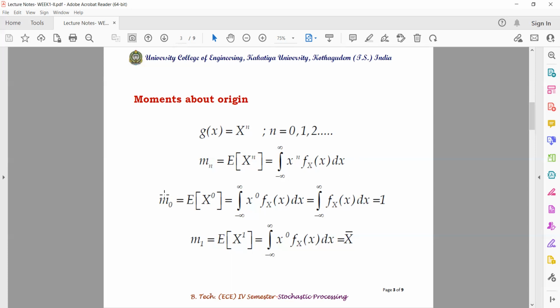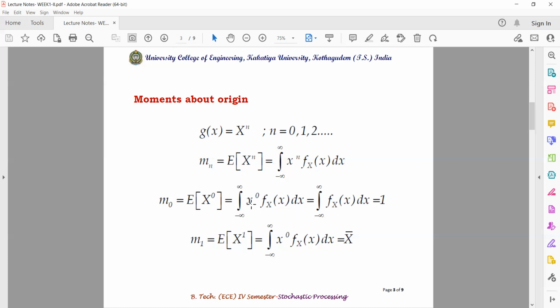So we can calculate all the moments: zeroth order moment, first order moment, second order moment, and so on. First substituting n equal to 0: expectation of x to the power 0 is equal to the integral from minus infinity to plus infinity of x to the power 0 multiplied with the pdf, dx.